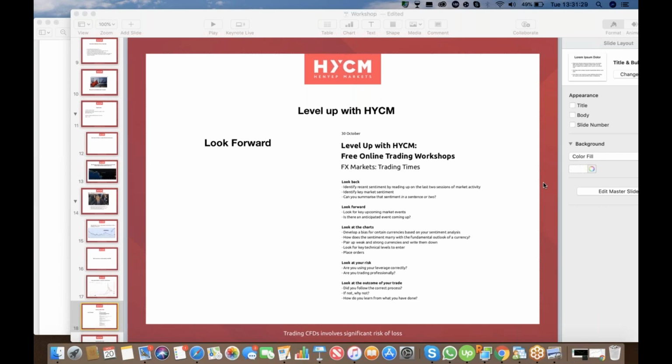Nadir, Anas, the Japanese yen, indeed, we should expect some Japanese strength because the market is in a risk-off environment. The Swiss franc, Anas and Samuel, yeah, Swiss franc and Japanese yen.